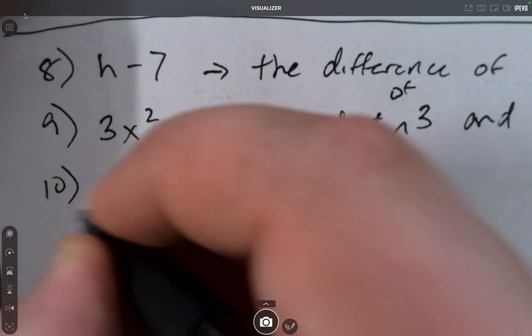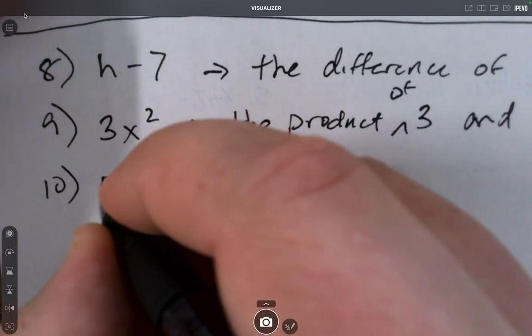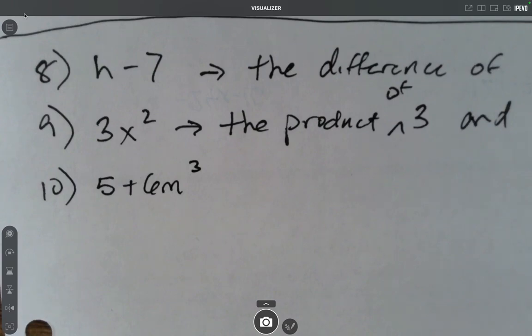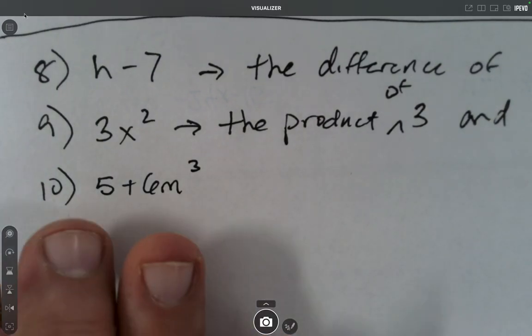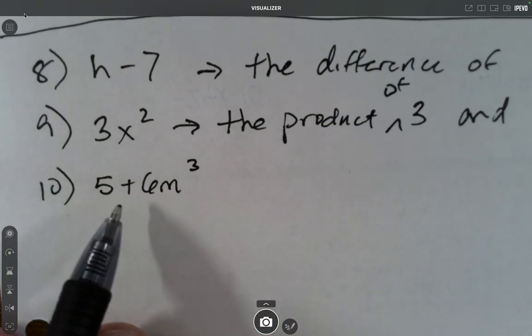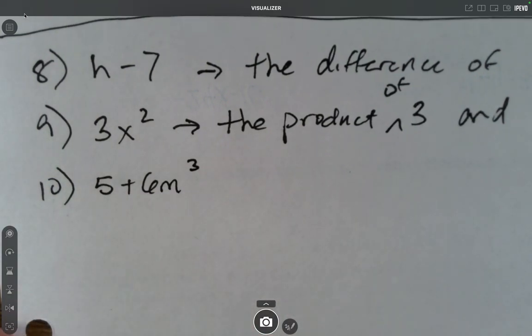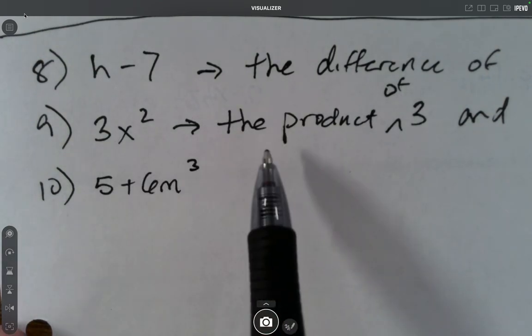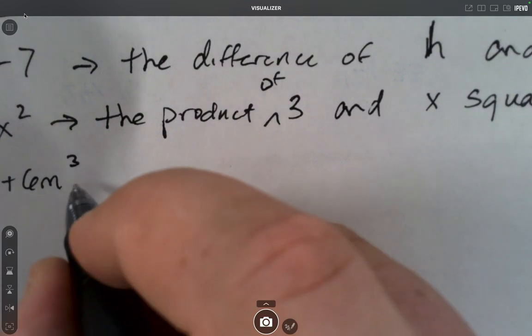Okay, 10. 5 plus 6m cubed. So the main operation here is the addition. Now there is some multiplying happening in this single term, but since we've got two terms, what's connecting those two terms is the addition. And so subtraction is difference, multiplication is product, addition is the sum.